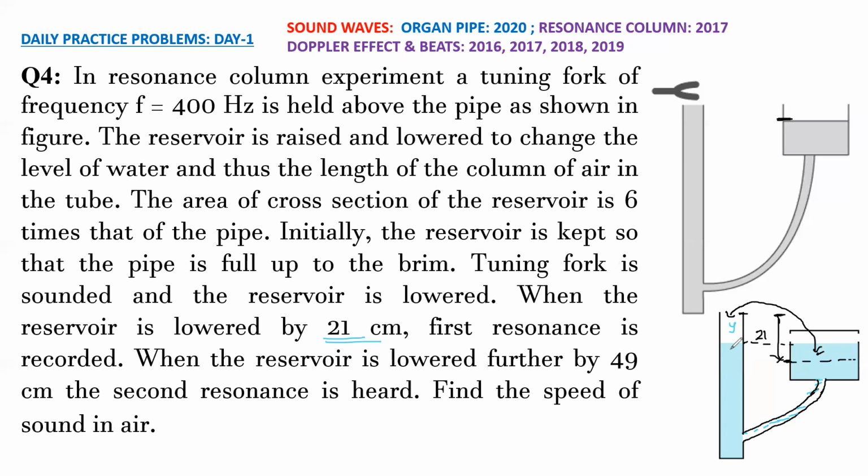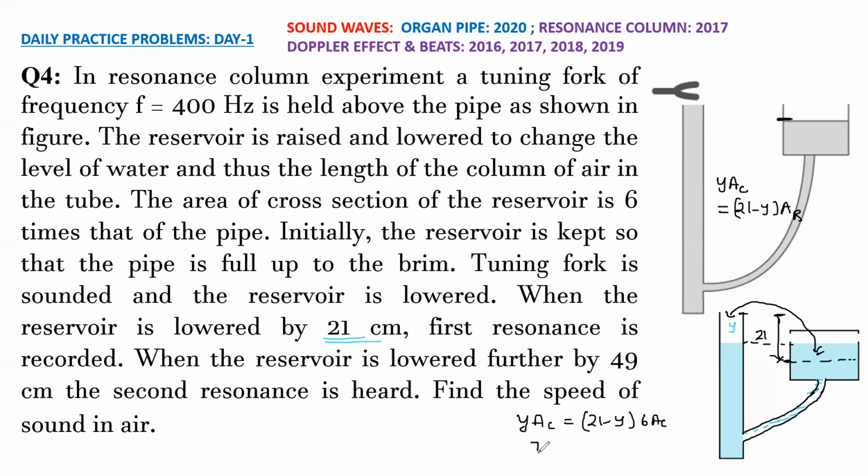So what I mean to say is that Y times the area in the resonance column is equal to 21 minus Y times the area in the reservoir. This is the crucial equation. Therefore, Y times AC is equal to 21 minus Y times 6 times AC.